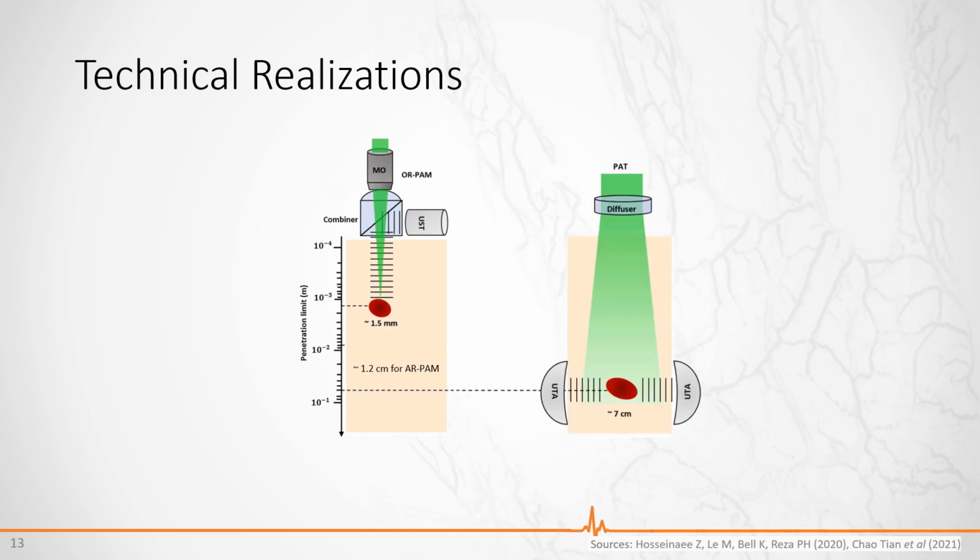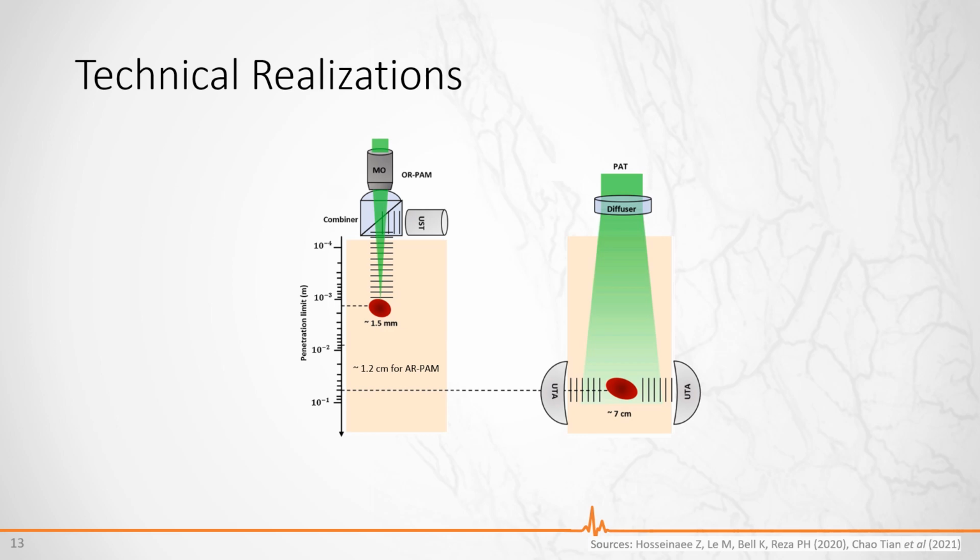The second group of photoacoustic imaging is photoacoustic tomography. Here, the whole sample is homogeneously illuminated and a whole array of ultrasonic transducers records the emerging signal. In this case, a similar image reconstruction like for MRI is performed. This way, imaging depths of up to 7 or 8 centimeters can be achieved by now.